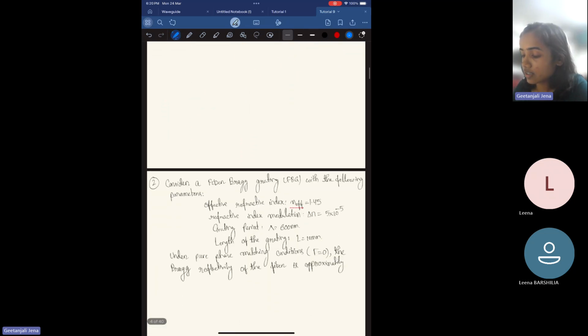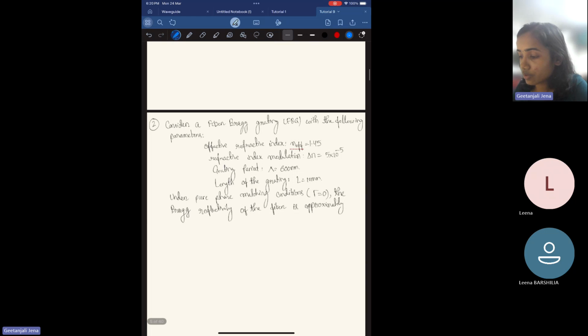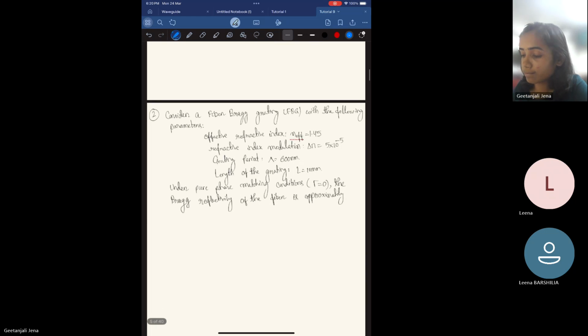Now let us see question 2. It says, consider a fiber Bragg grating with the following parameters.